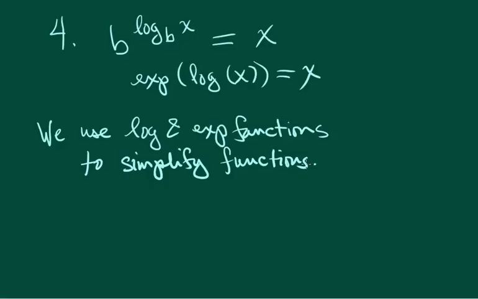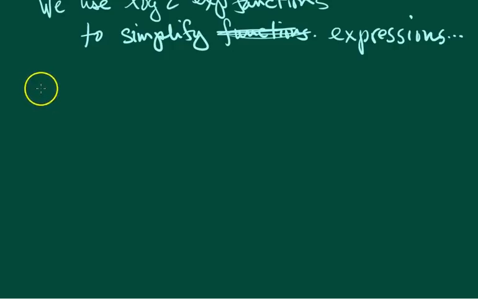Maybe I should say simplify, not functions there, but expressions, two sides of an equation. That's what we're typically going to do. Other properties that we use to simplify, or in some cases complicate things, are these.